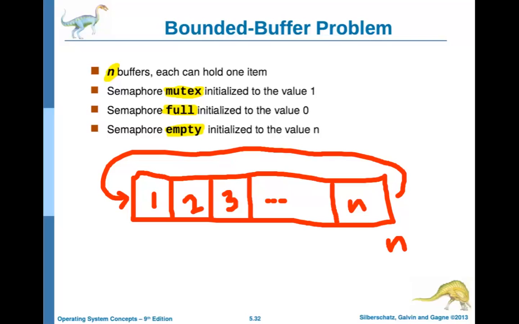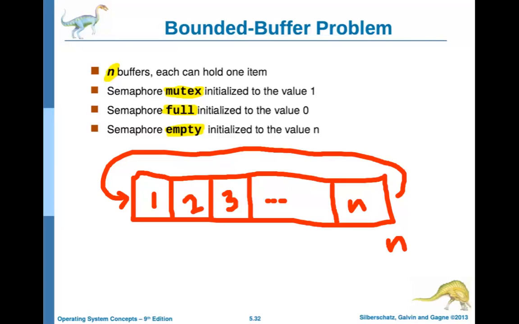For example, suppose 2 producers have executed. The first producer produced the element and put it at location 1, the second producer produced another element and that is put at the second location. Okay, so out of n, first and second are full. So the value of the semaphore variable full will be 2 in that case.